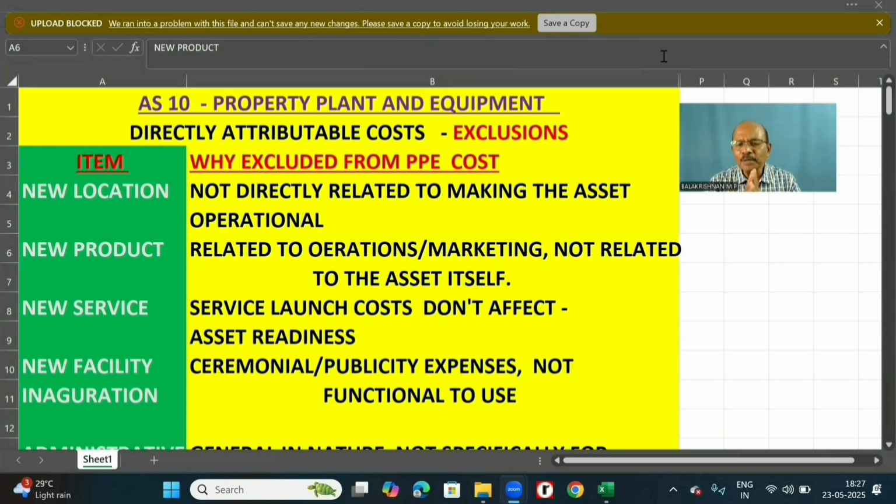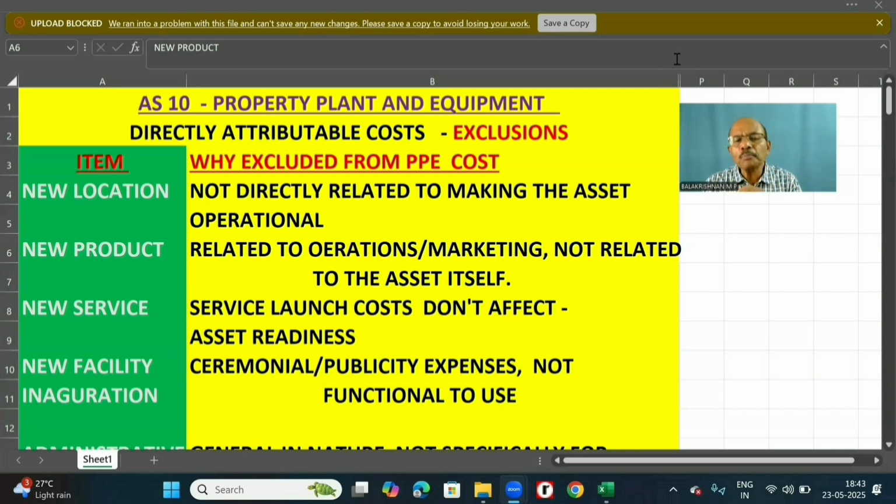Now, what do you mean by cost towards a new product? These are expenses incurred to design or develop a new product or service, conduct market research or feasibility studies, do test marketing, run trial production, of course not for checking machinery but for developing a product, and develop or set up a new line of business.